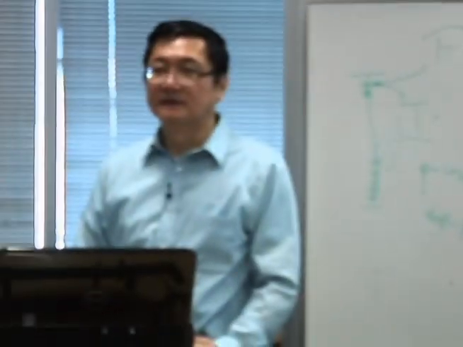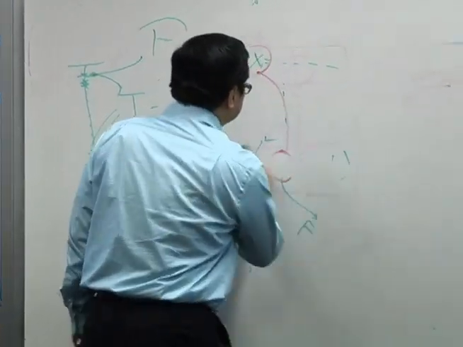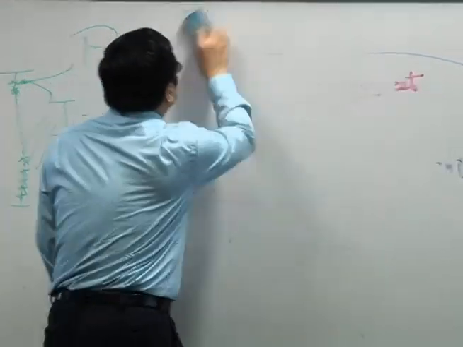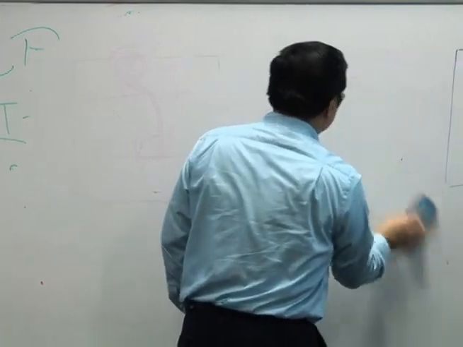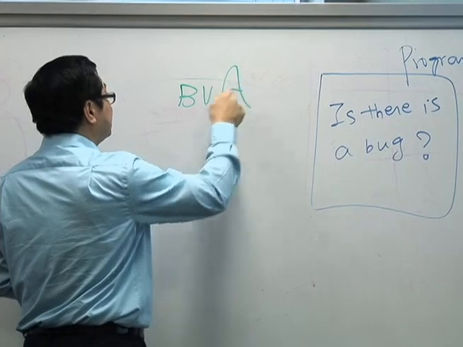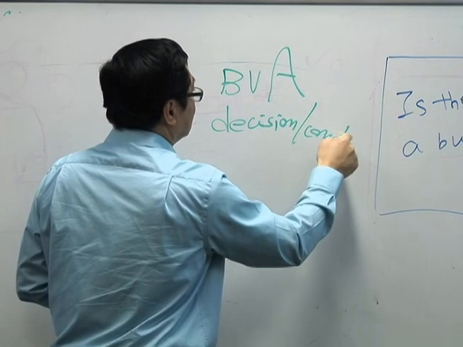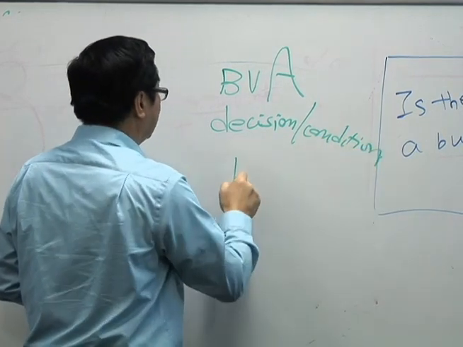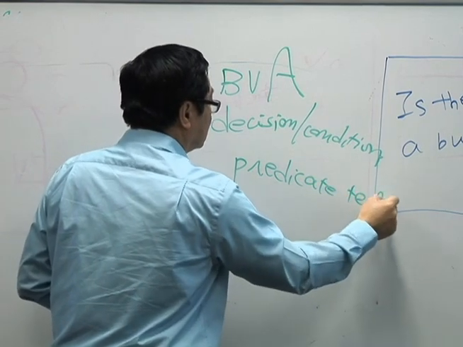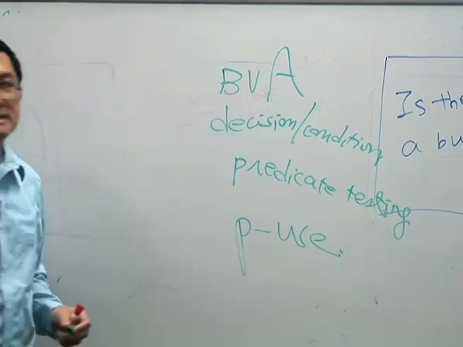So far so good? Now let me ask you a question. What is the difference between boundary value analysis, decision condition coverage, predicate testing, and the P-use coverage, which we just discussed?